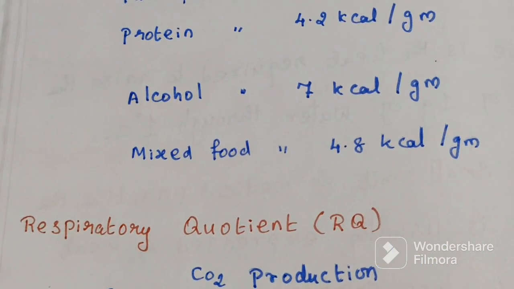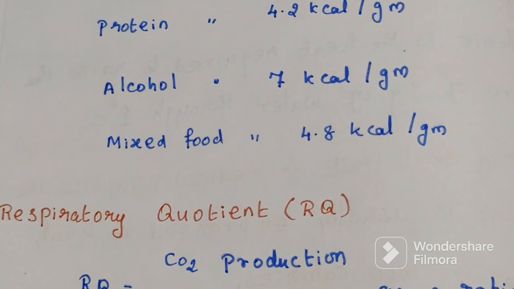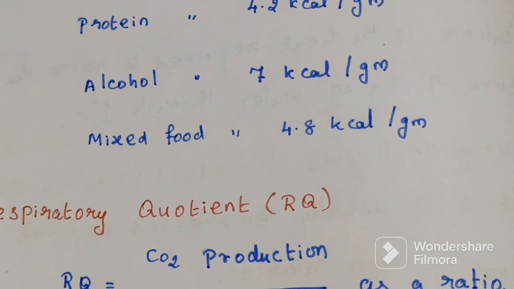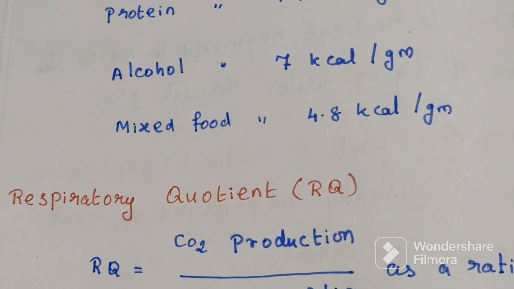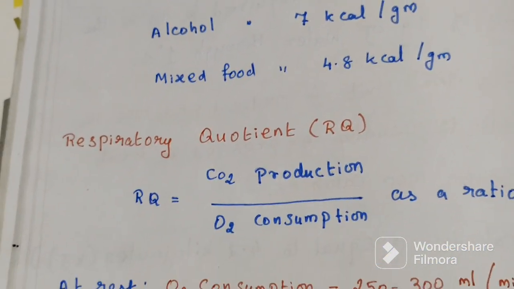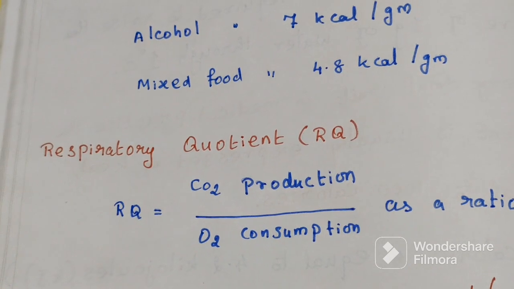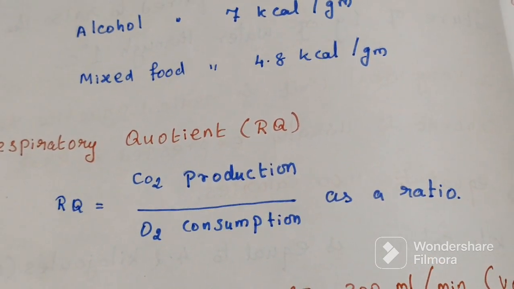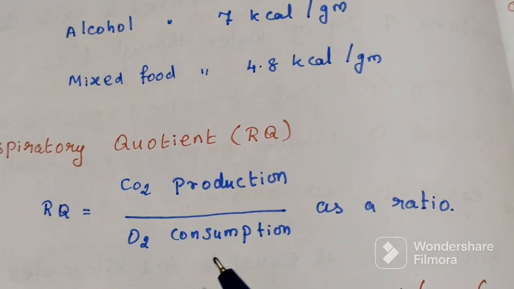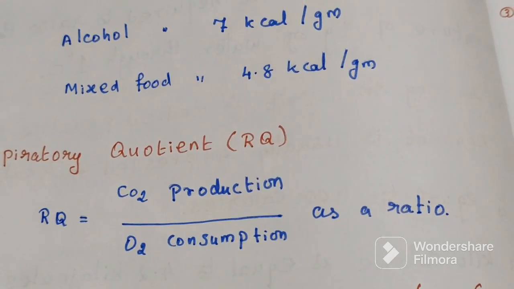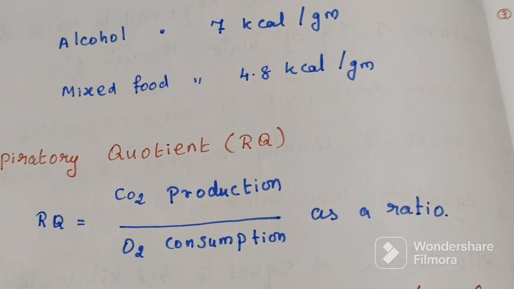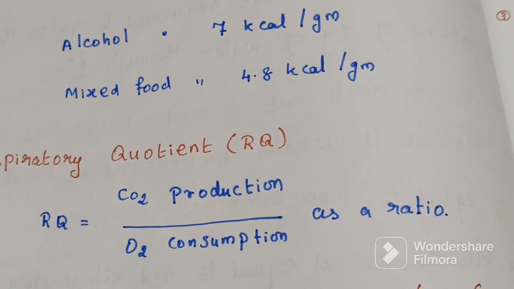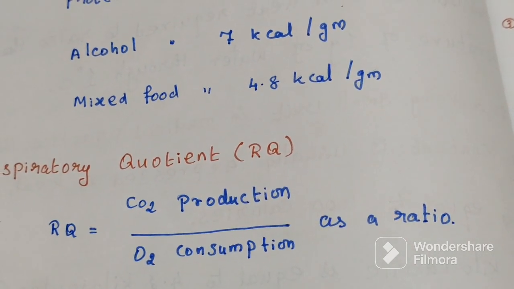Apart from the energy content, another important parameter calculated is the respiratory quotient. Respiratory quotient is the ratio of carbon dioxide production to oxygen consumption.